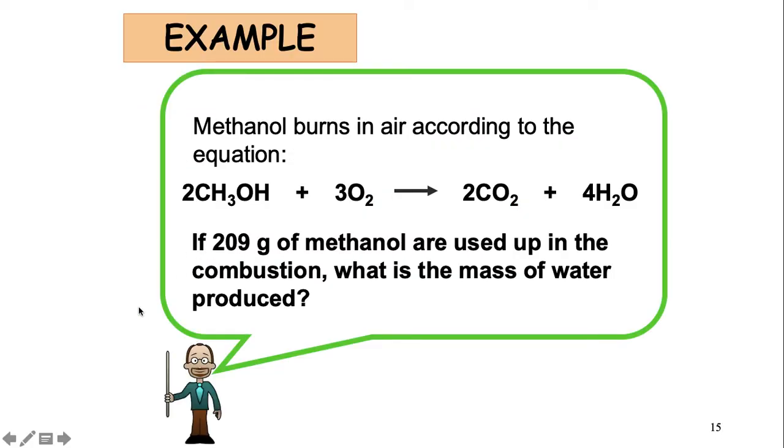Next, methanol burns in air according to the equation. 2 mole of methanol reacts with 3 mole of oxygen to produce 2 mole of carbon dioxide and 4 mole of water. If 209 grams of methanol are used up in the combustion, what is the mass of water produced?